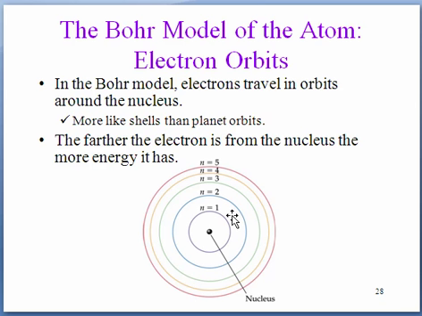And how close the electron was to the positively charged nucleus had a big impact on the energy of the electron. The closer an electron was to the nucleus, the more stable it was, and therefore the lower its energy. The further an electron was from the nucleus, the less stable it was, and therefore the higher its energy. And Bohr labeled these energy levels with integer numbers, 1, 2, 3, 4, 5, 6, etc.